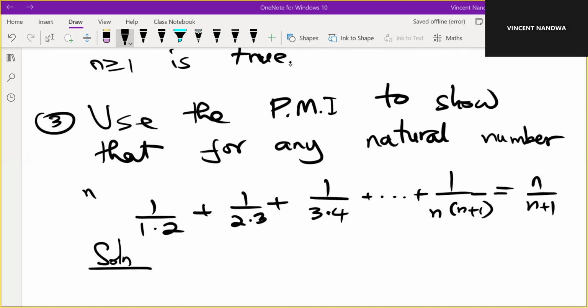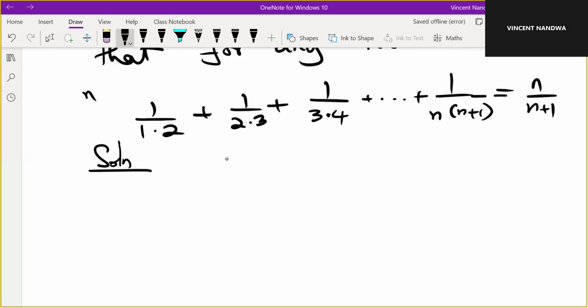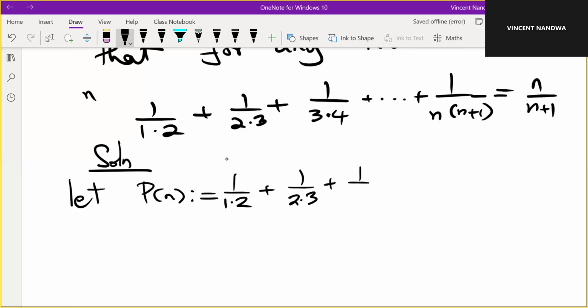So we'll have, let P of n be the given statement 1 over 1 times 2 plus 1 over 2 times 3 plus 1 over 3 times 4 all the way plus 1 over n into n plus 1 equals n over n plus 1, okay?